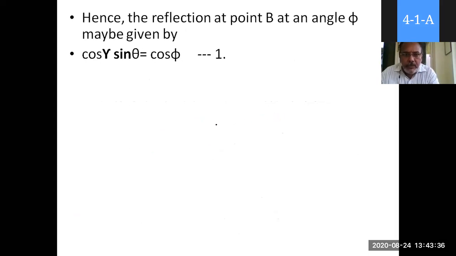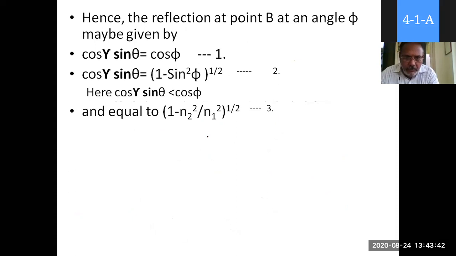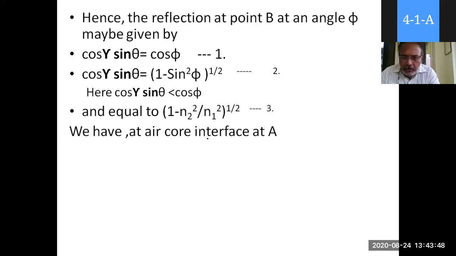So here is the first expression, then the second one is the numerical aperture, which is equivalent to a simple numerical aperture value. Now we have the air core interface at point A. At A we substitute Snell's law: n0 sin theta is equal to n1 sin theta.